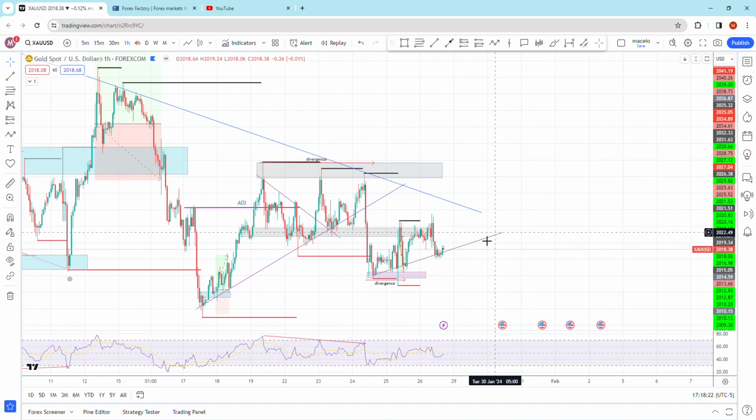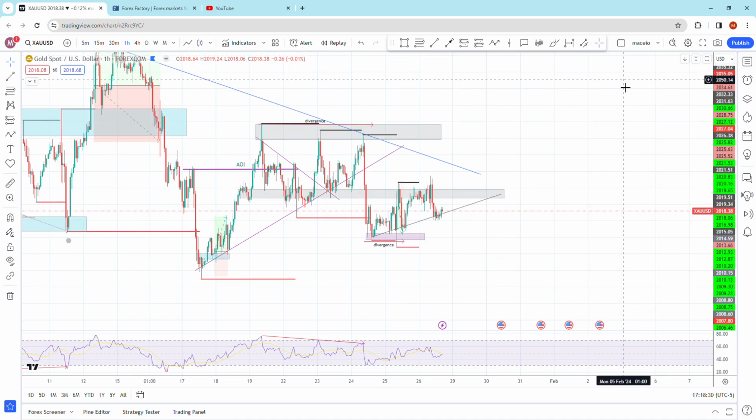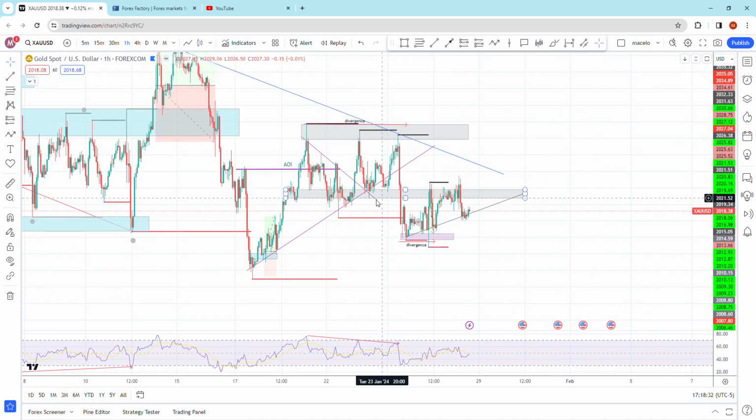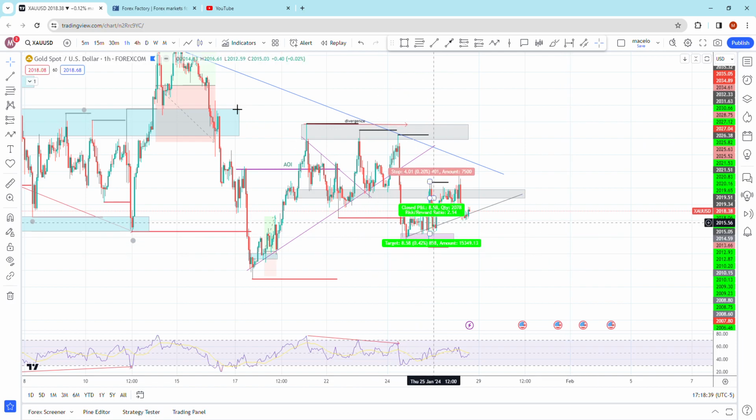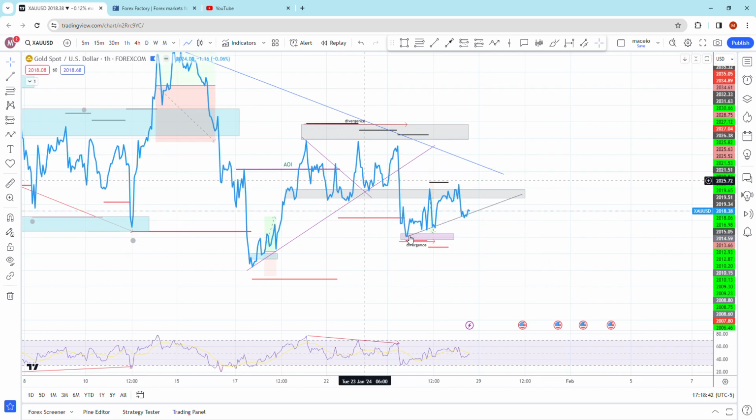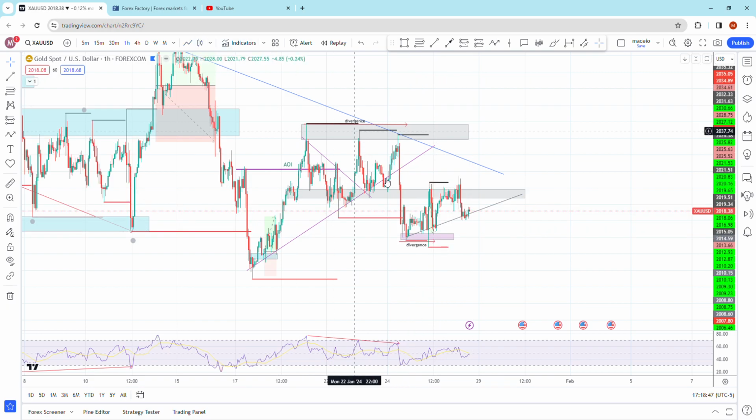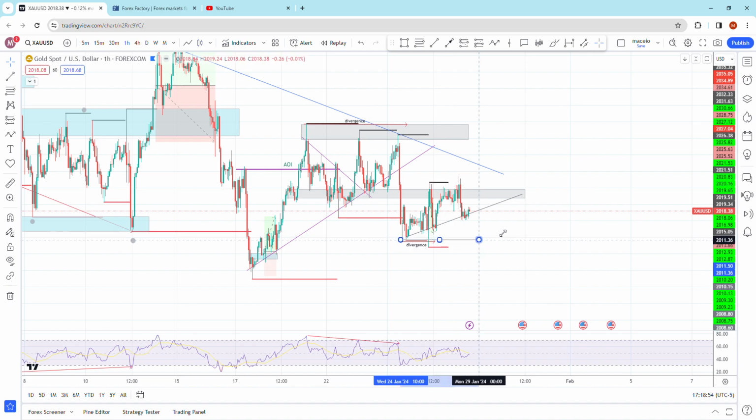So my thought process on this trade for the upcoming week would be: I'm not going to extend this trend line at all. Leave that there. I like this trend line that's there right now. This is showing that price is respecting these areas right there. What I would want to see is this area right now.